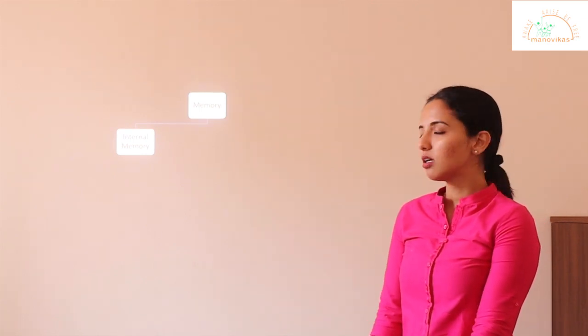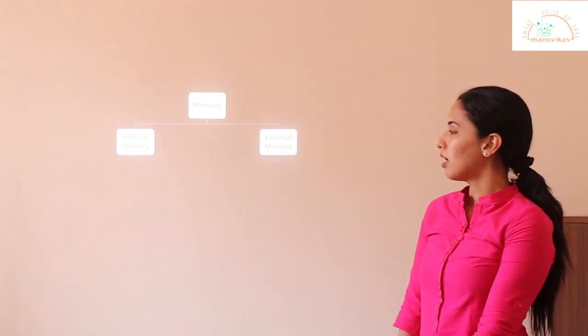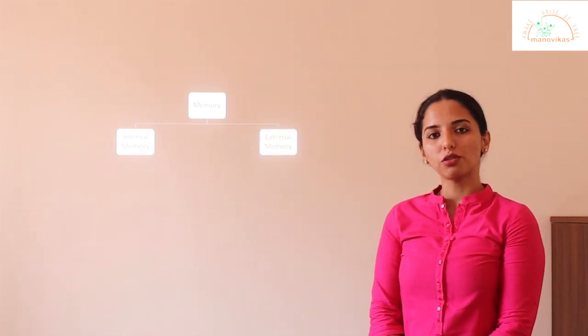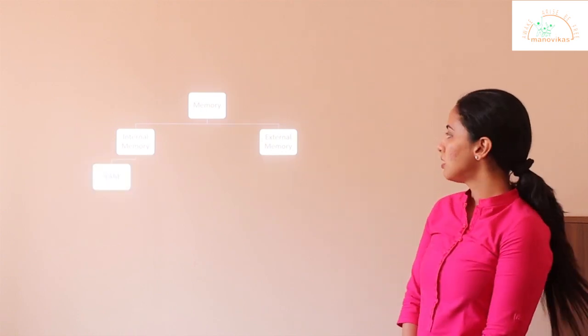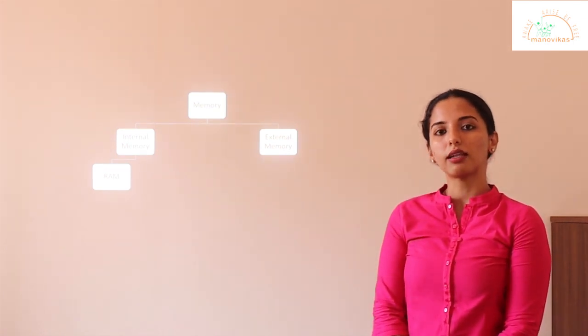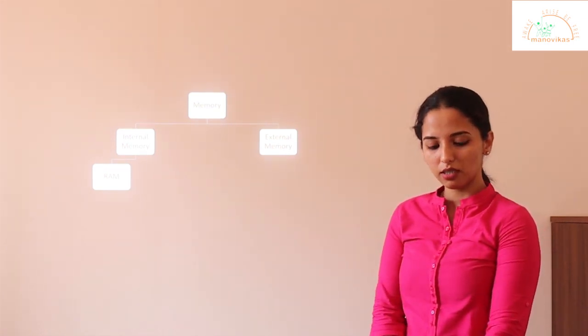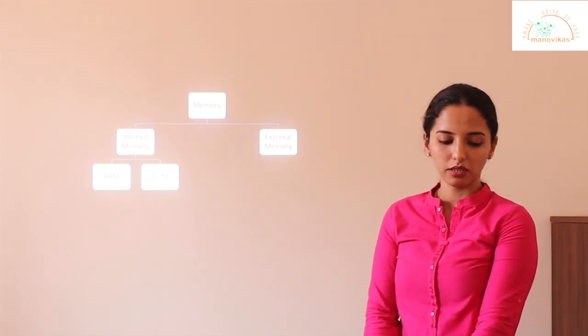Memory. A computer memory is made up of two types. Internal memory, which is also called as a primary memory or the main memory, and an external memory, which is also known as a secondary memory. The internal memory consists of RAM, which is called as random access memory, and a ROM, which is a read-only memory.